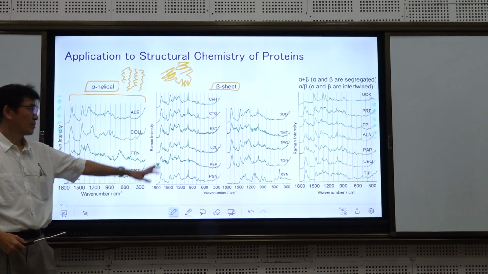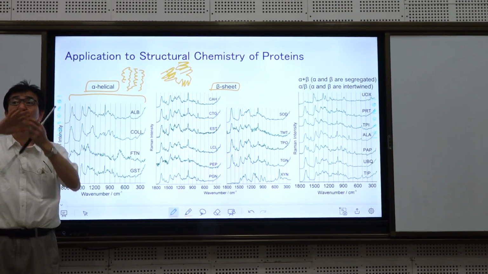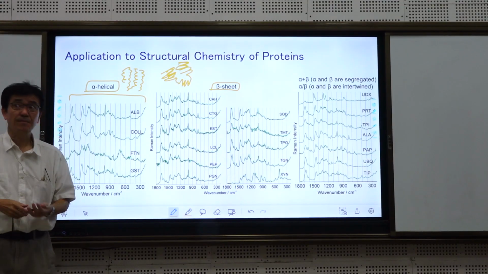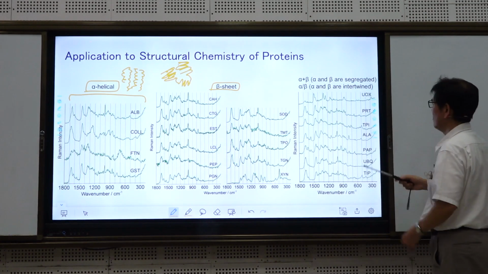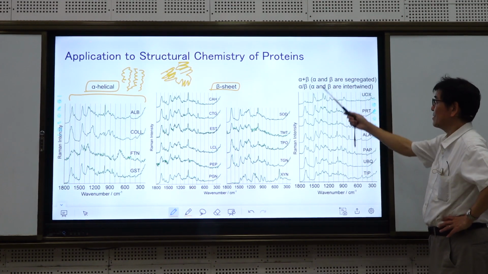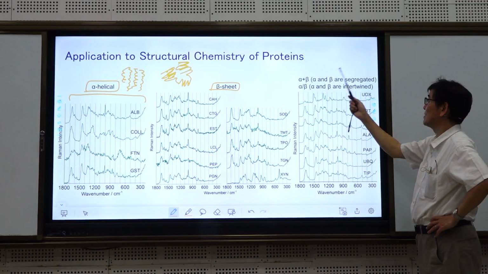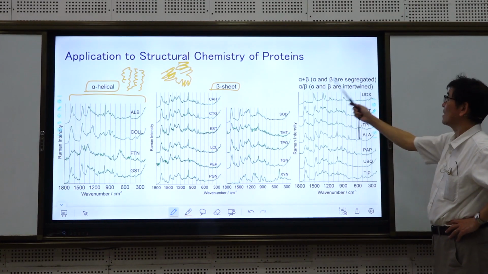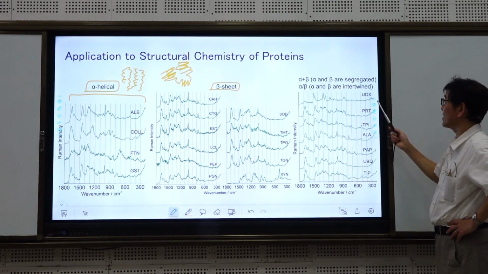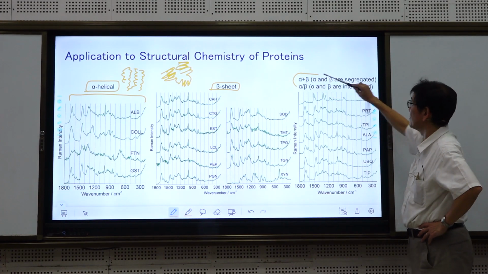So there is a group of proteins that contains a large amount of beta sheet. And there is a mixture of alpha plus beta, where alpha and beta are segregated, or alpha and beta are intertwined. This is the third group.